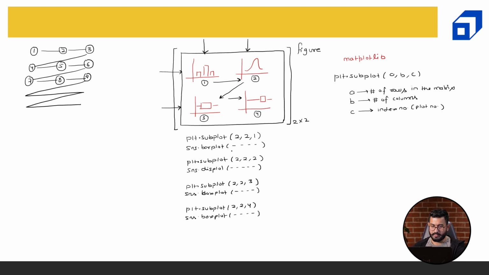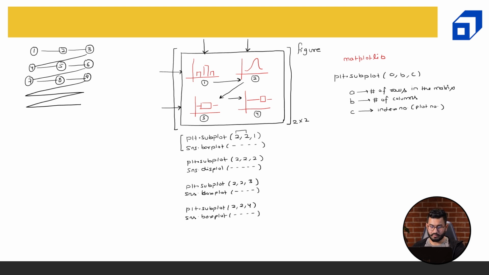So here you can see that in the code that I have written for plt.subplot, the parameters a and b are fixed because the matrix is defined: I'm having 2 rows and 2 columns. But the parameter plot number will change, and below each line of code I have to write the code to generate the plot.